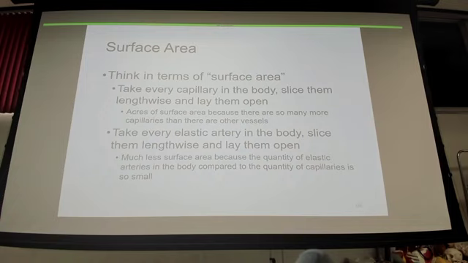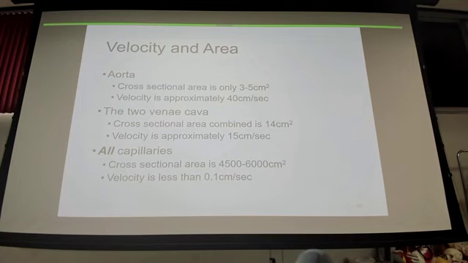And here are the gross numbers if you like. Blood is flowing significantly faster in the aorta, but the amount of blood, the volumetric flow, is larger in the capillaries.